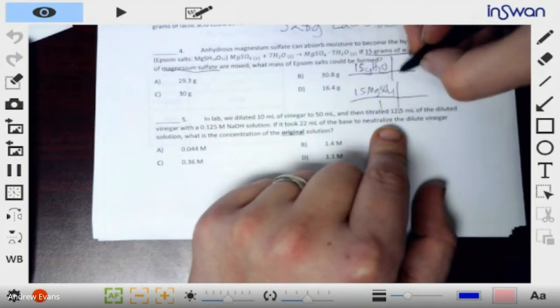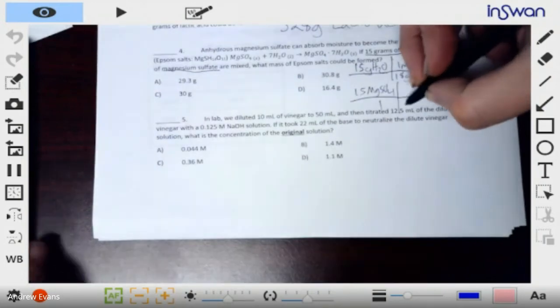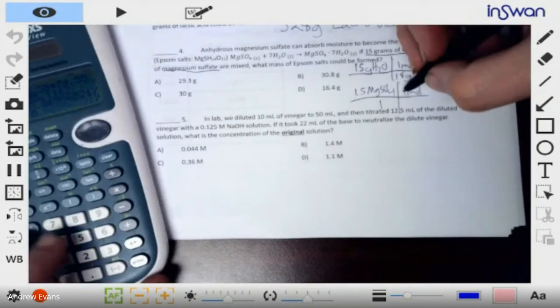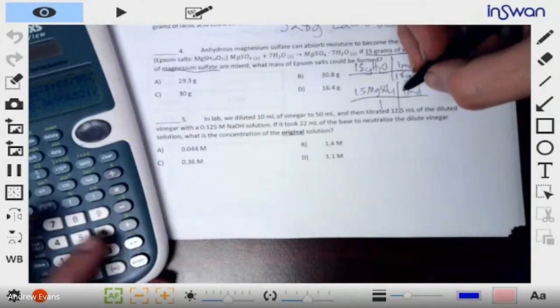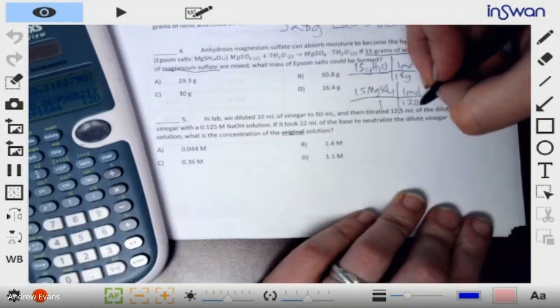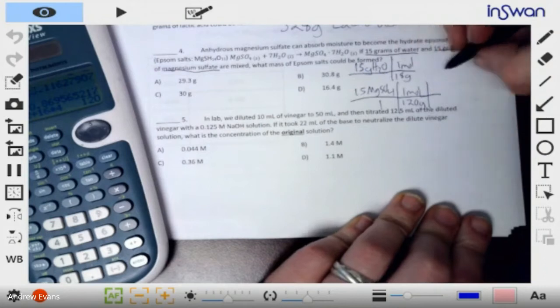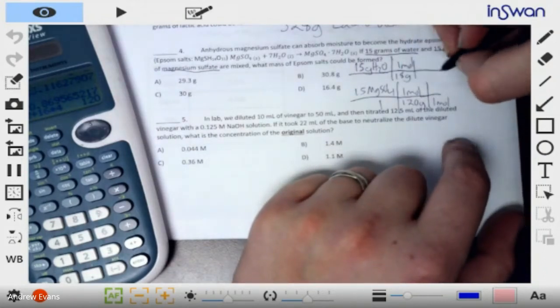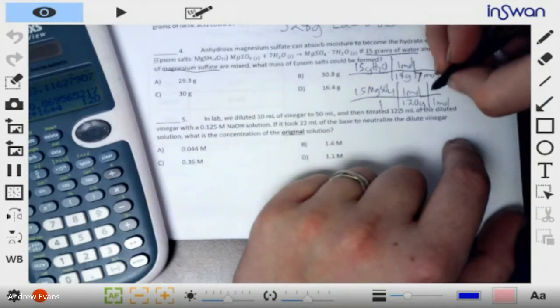So the molar mass of water, 18 grams per 1 mole. Molar mass of magnesium sulfate: magnesium is 24 plus 32 plus 16 times 4. It's 120 grams. Now you may think, well, 120 grams is a lot heavier than 18 grams, however, for every 1 mole of Epsom salts, we need 7 moles of water.